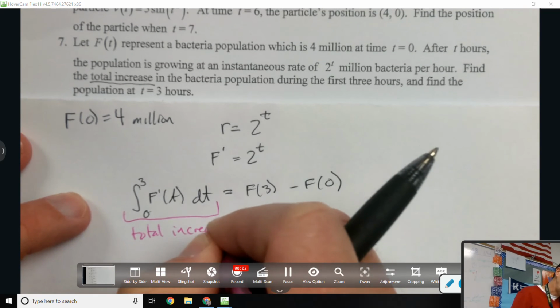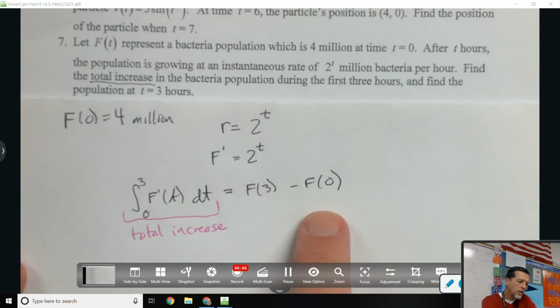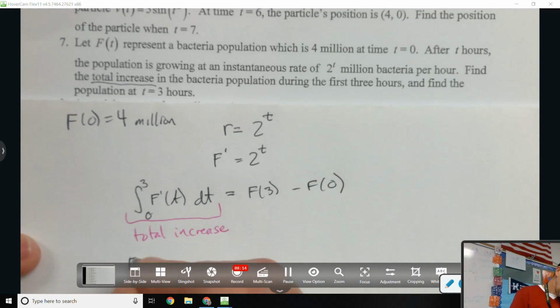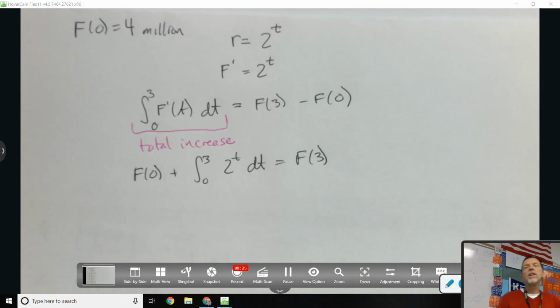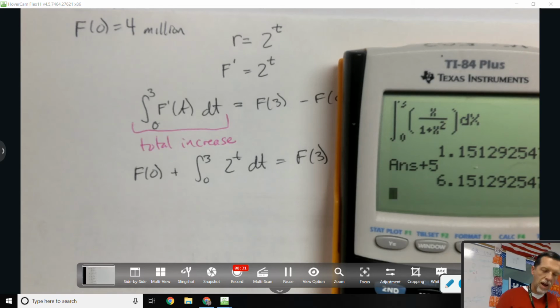That's how much we've added. So that's the first question, and then we'll just add 4 million to that to get the new population. F of 0 plus integral 0 to 3 would give us F of 3. Integrate a rate to get back to the original. Antiderivative the derivative to get back to the original.